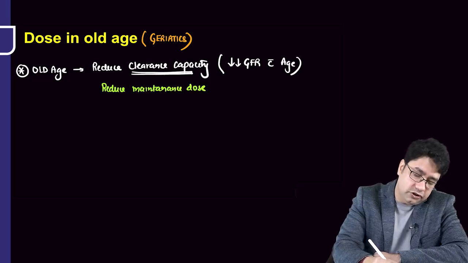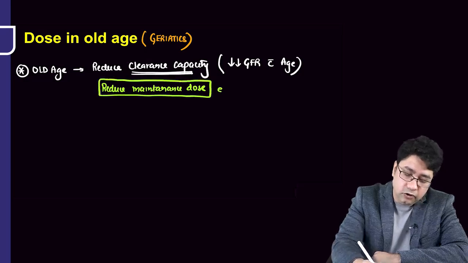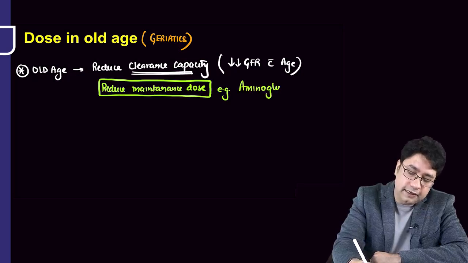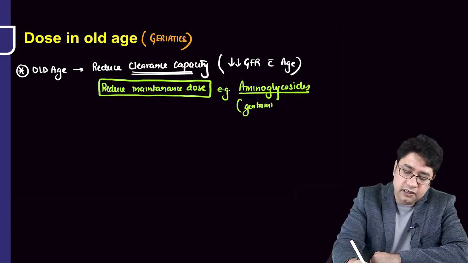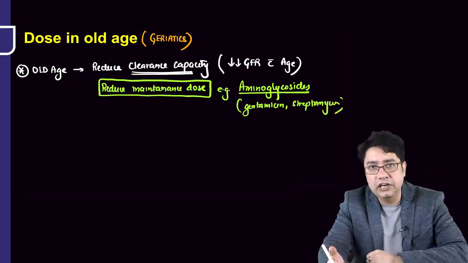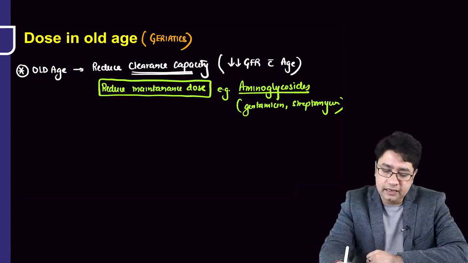in old age. And there is a class of drug known as antibiotics, like aminoglycosides. Aminoglycosides are antibiotics like gentamicin, you must have heard, streptomycin. These antibiotics are excreted into the urine by glomerular filtration.